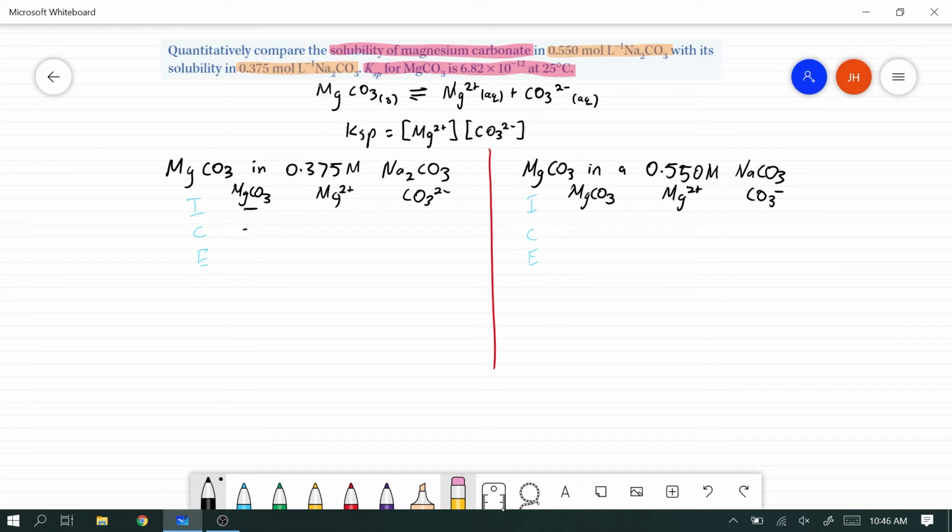For both of these tables, we don't really need to worry too much about the magnesium carbonate solid, as it's not going to have a concentration at any point. What we do care about are our products, our ions, and what they start and end as.